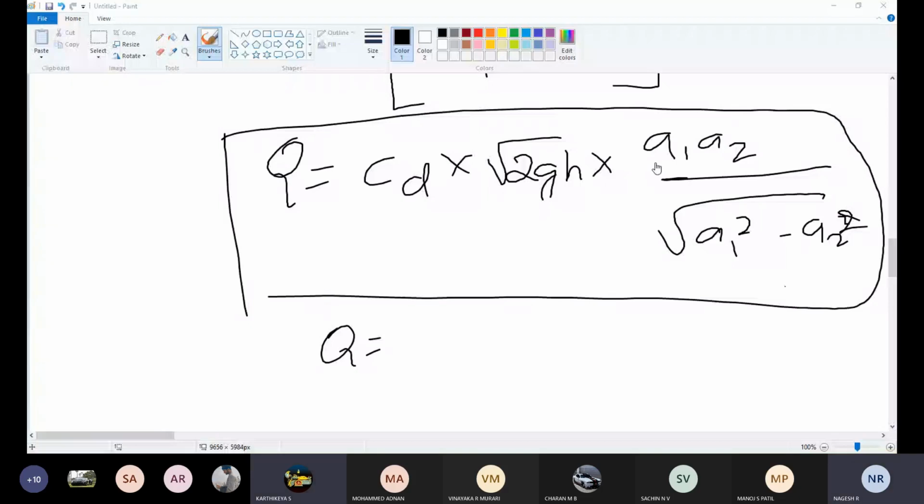In centimeter or meter? That is in centimeter. And A2 is 176.7 centimeter square. Correct. Then substitute the same thing and you are going to get the answer.